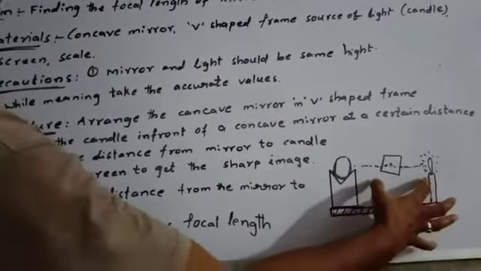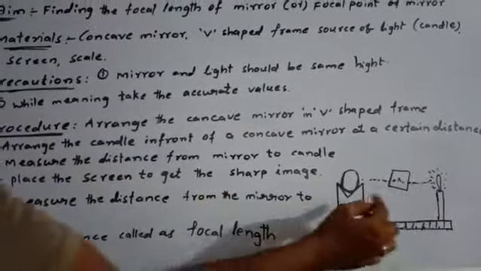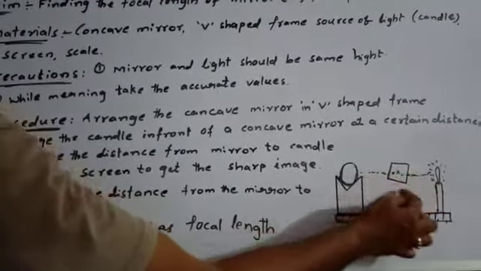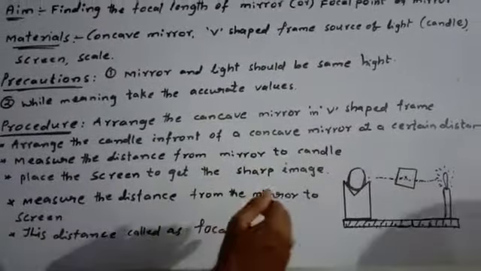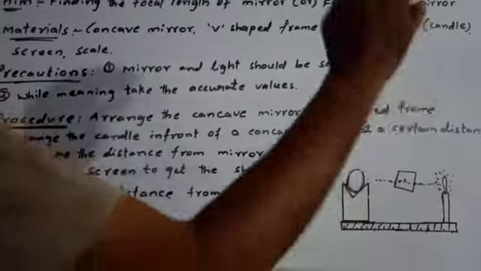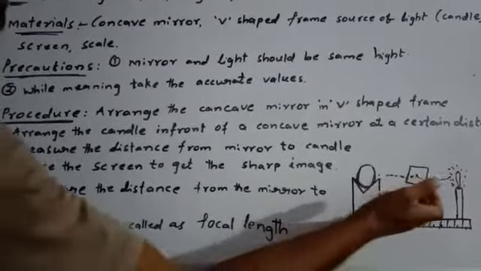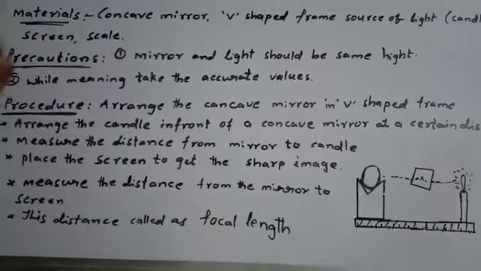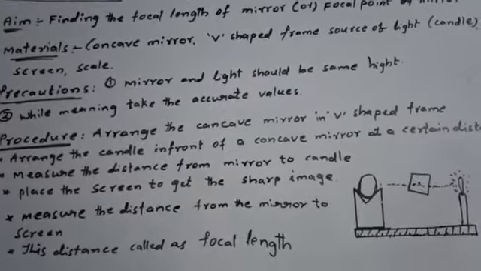Place the screen to get a sharp image, then measure the distance from mirror to screen. This distance is called focal length or focal point.